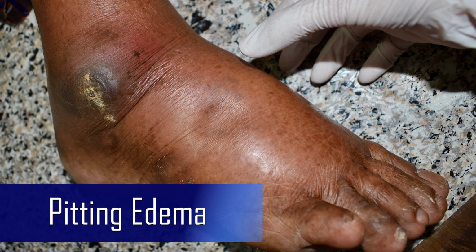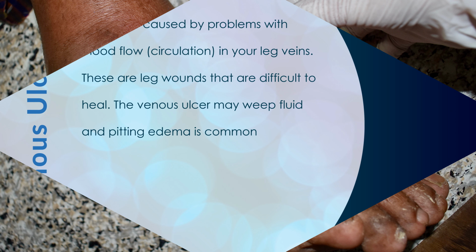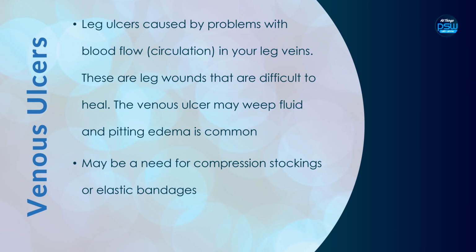It forms a pit. That is what happens typically with venous ulcers. So again, like I said, this is where you as a PSW would put on the compression stockings, or a nurse could come and put on elastic bandages. Because of the weeping and because of the openings and because these are ulcers, they're at high risk of infection.